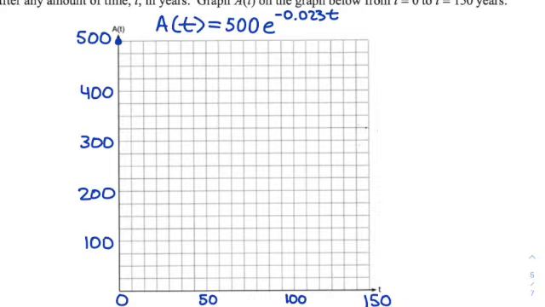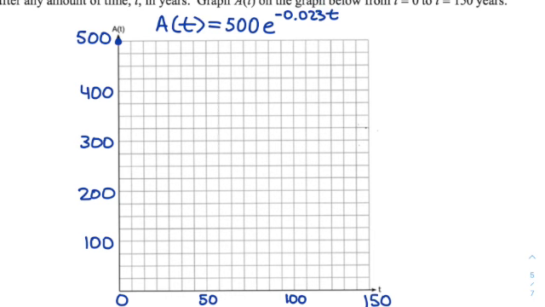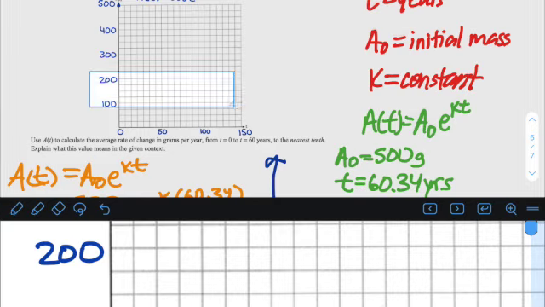Now we can continue graphing the rest of the t points into the exponential decay formula. Up next, I'm just going to switch out the 0 for a 50. When I do that, I get 158. So that can be placed along the middle between 100 and 200, around here.